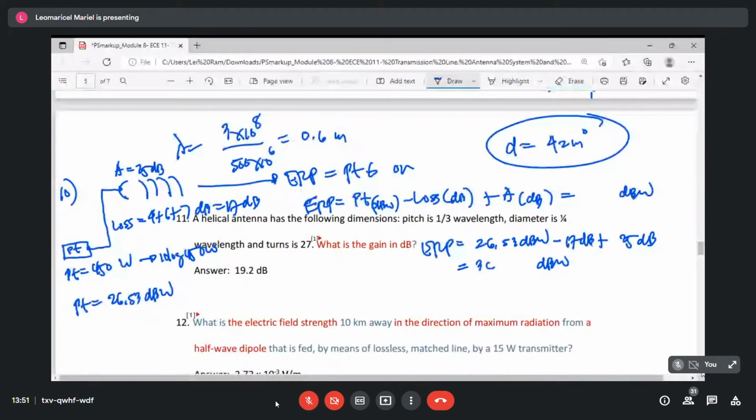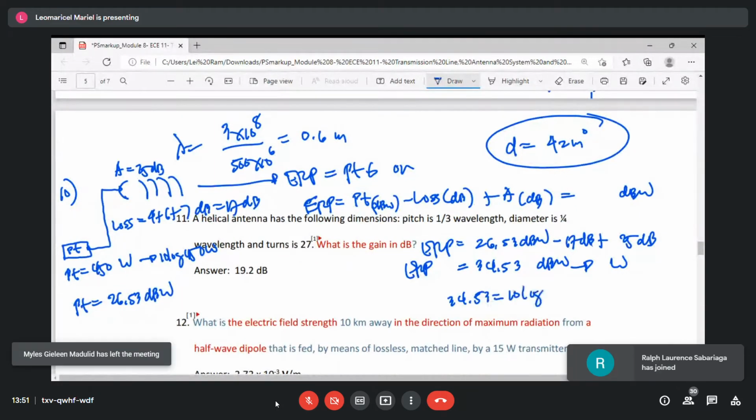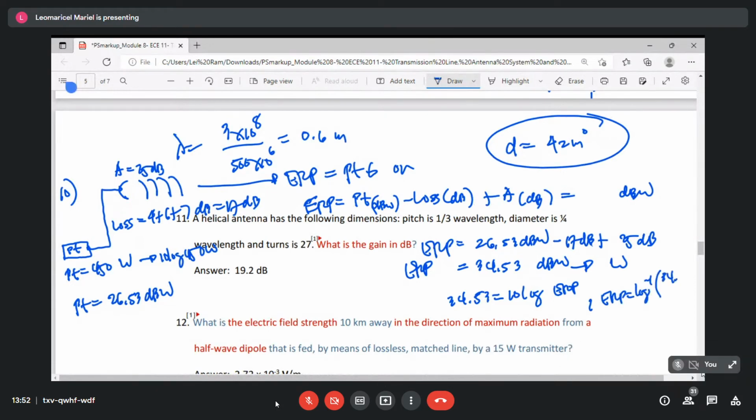Now, sir, ang ERP tinatanong naka-watts, so you need to convert that into watts. Therefore, paano kukunin yon? So, 34.53 is equals to 10 log ERP. The ERP is equals to inverse log of 34.53 divided by 10.